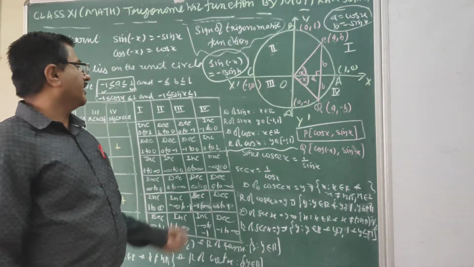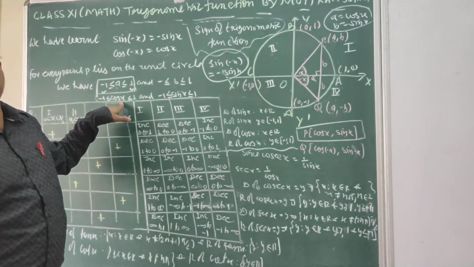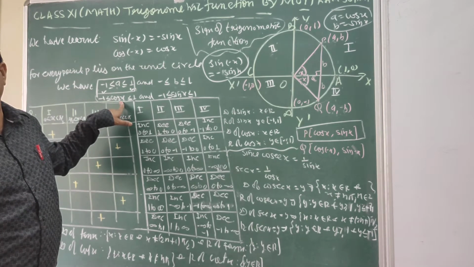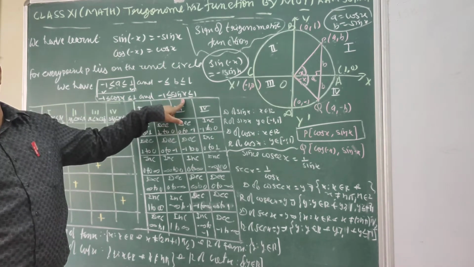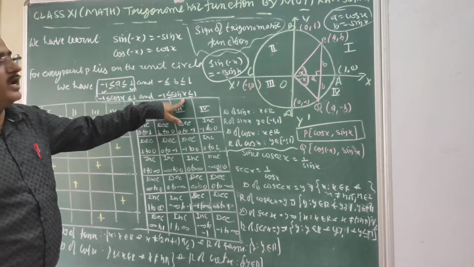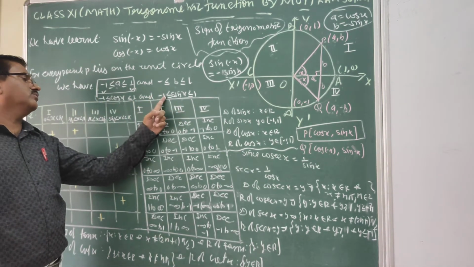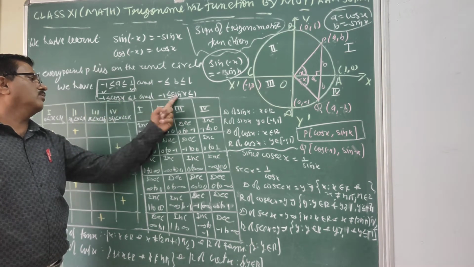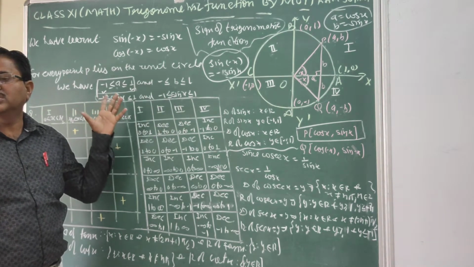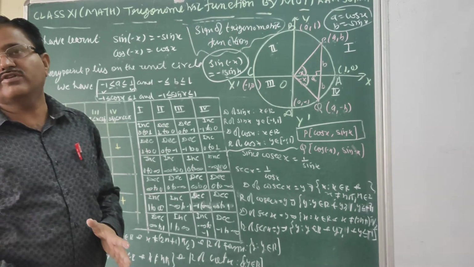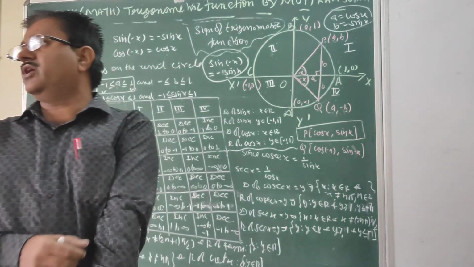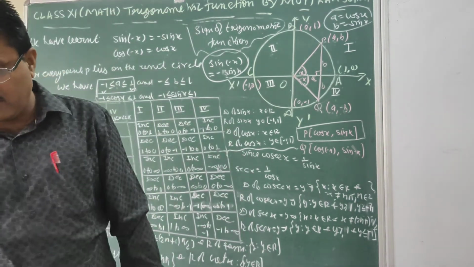Any radian you are taking, the maximum value of the corresponding cos x or sin x is 1, and the minimum value is minus 1. So you can say the value of these trigonometric functions lies between minus 1 and plus 1.